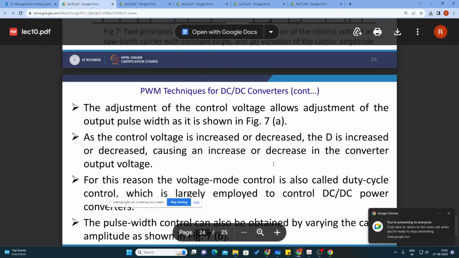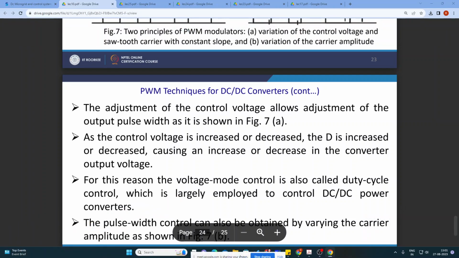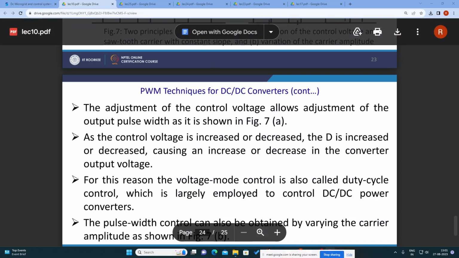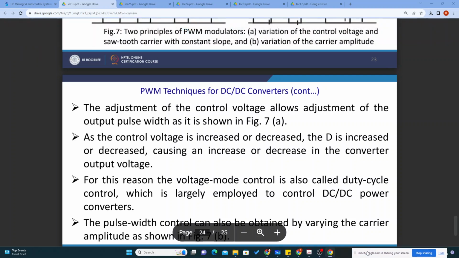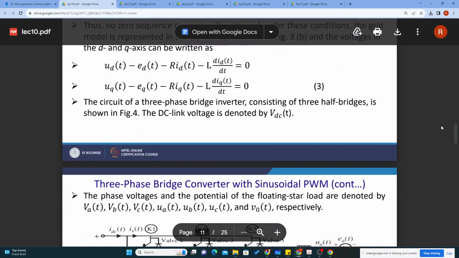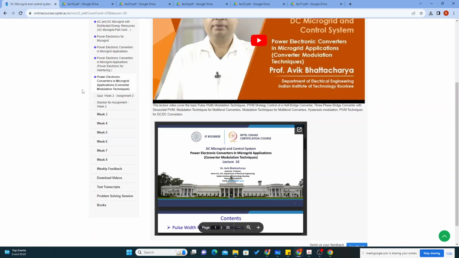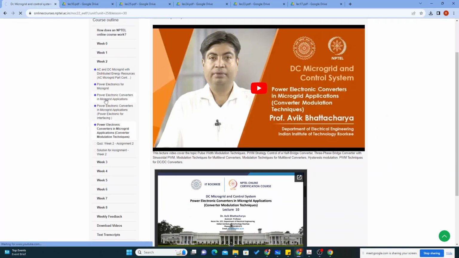Yes, sir. Okay, which slide? Is this lecture number 8? Let me check. This is 10, sir, I think. Yes, the PDF is showing 10. So this one should be 8.